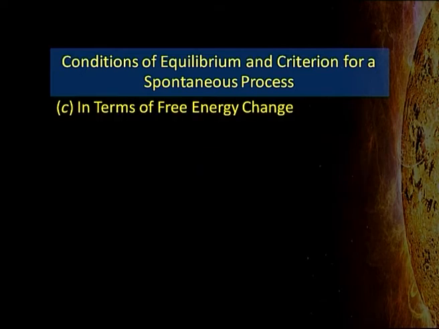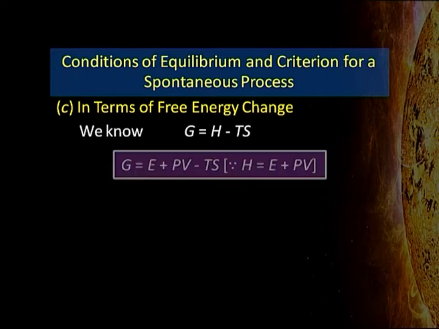Now, the conditions of equilibrium in terms of free energy change. For free energy, you know that G is equal to H minus TS, and as you also know that H is equal to E plus PV. Hence, putting this value, we will get G is equal to E plus PV minus TS.